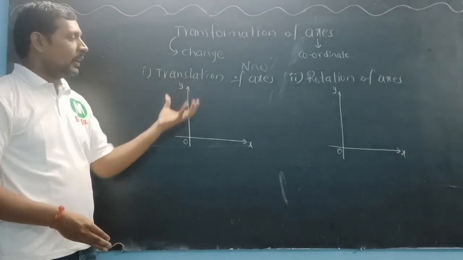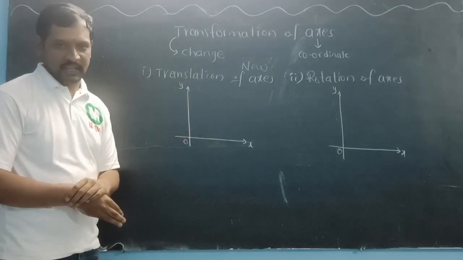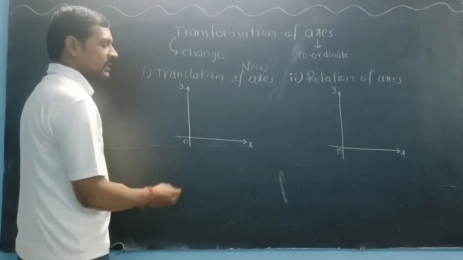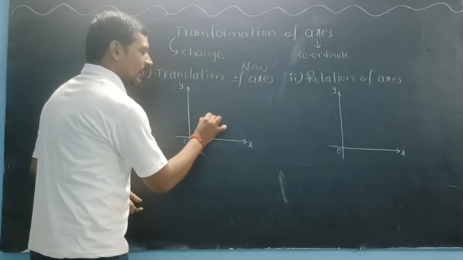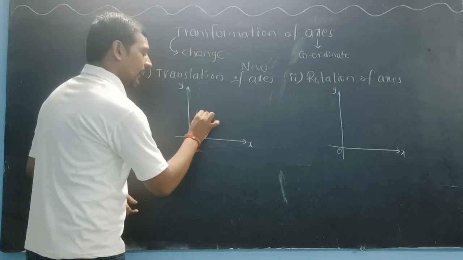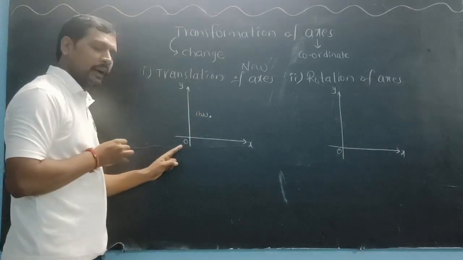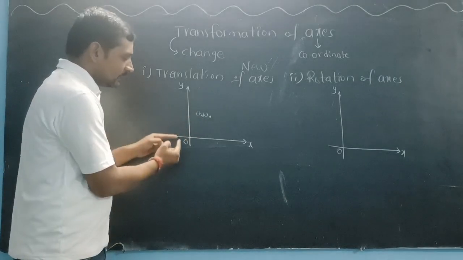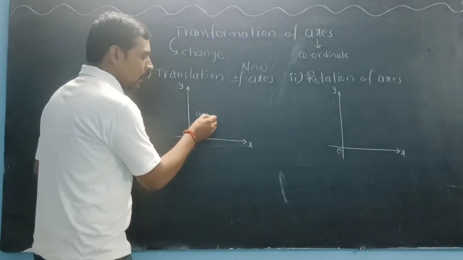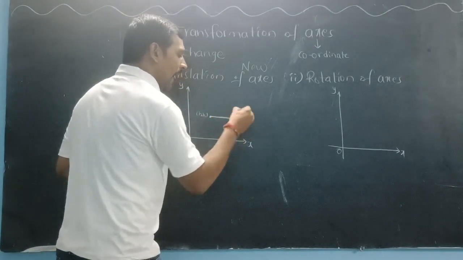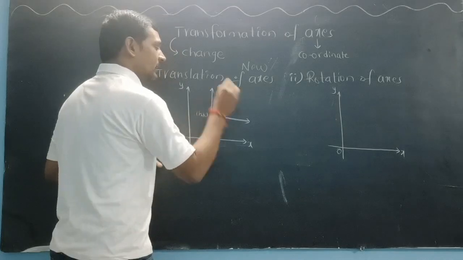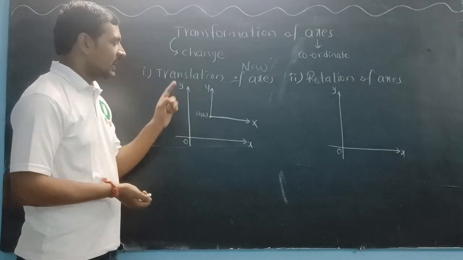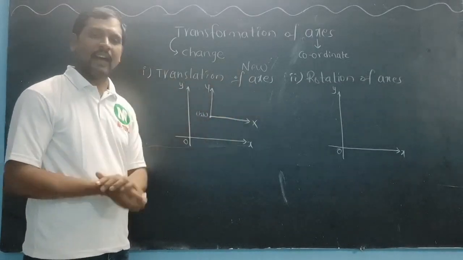So coming to see, whenever translation of axis occurs, what happens? For example, I am saying origin is shifted to a point called (h, k). Just assuming origin is shifted to a point called (h, k). Then from this point, whatever new axis forms is known as translation of axis.